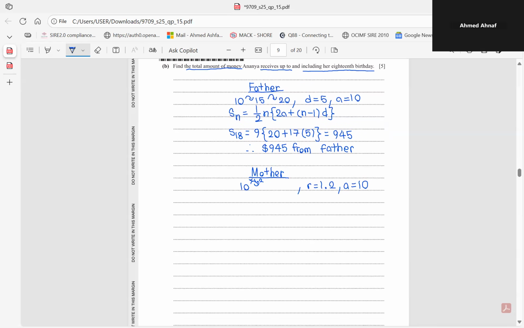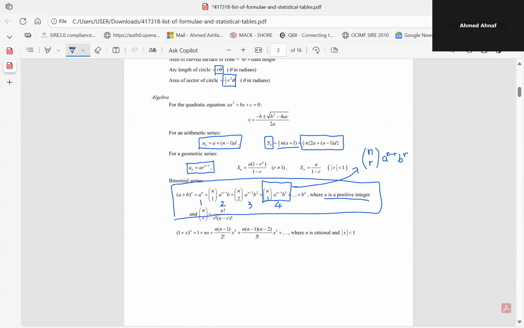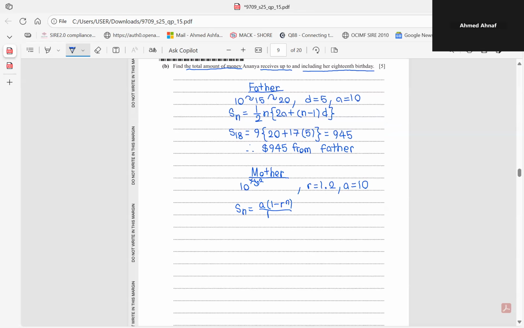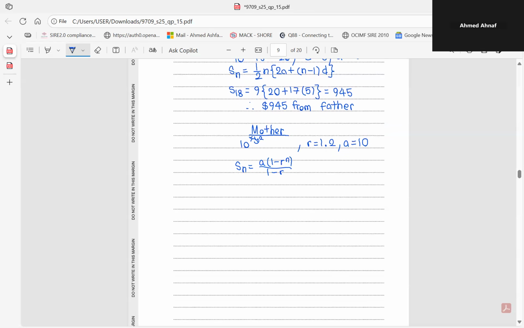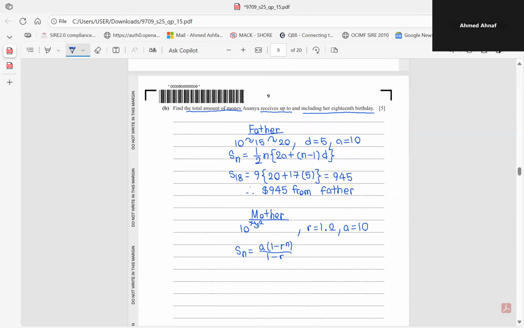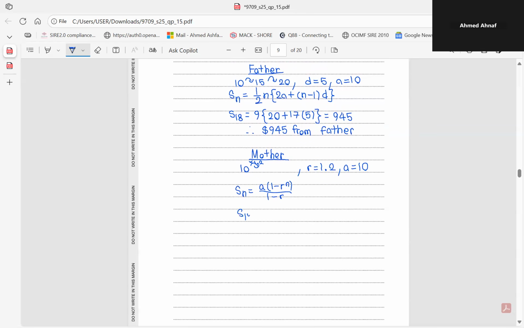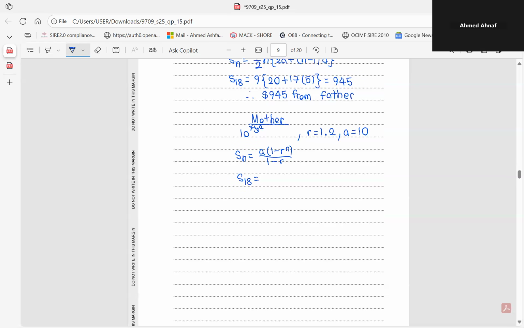Okay, so let's look for the general formula for the summation. So it's basically this formula right here, Sn equals a times 1 minus r to the power of n over 1 minus r. So let's write it down. Since we're interested in knowing how much she receives up until her 18th birthday, we have to again find the sum of the first 18 terms.